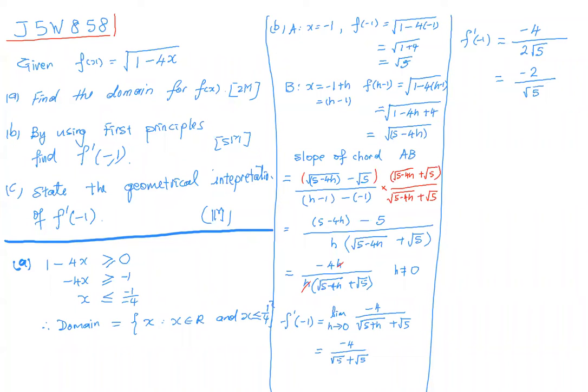So I told you already, hopefully you will give me your answer as this in the exam, correct? I told you it's better to leave your answer as this. Got it? So this is what you mean by first principle.